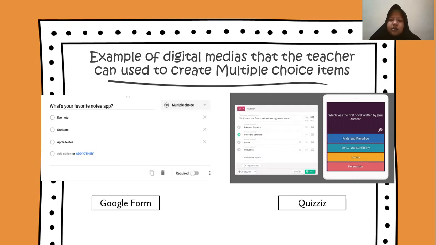I think by implementing Google Form and quizzes, the teacher can create the multiple choice questions and distribute them to the students easily. And then the teacher can also set the duration time and get the result of it directly.